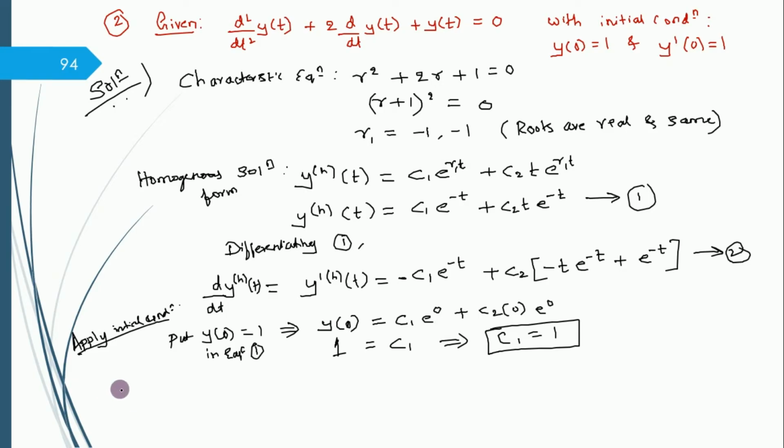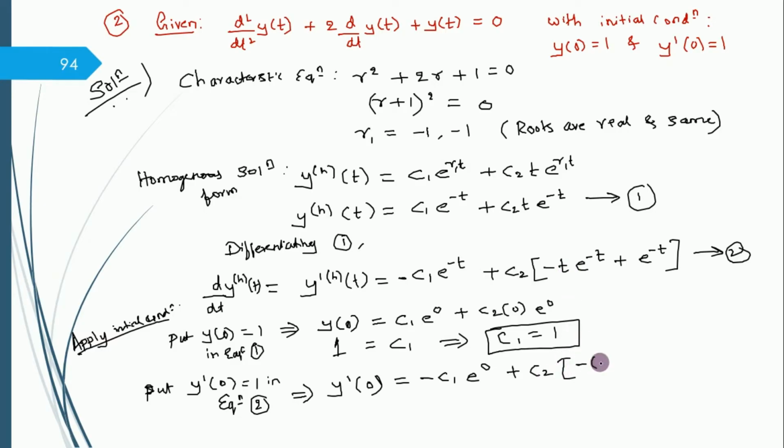Now put y dash of 0 is equal to 1 in equation 2. So y dash of 0 equals minus C1 e raised to 0 plus C2, minus 0 into e raised to 0 plus e raised to 0.